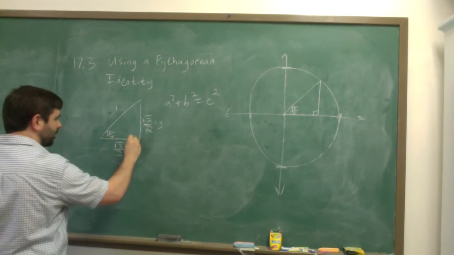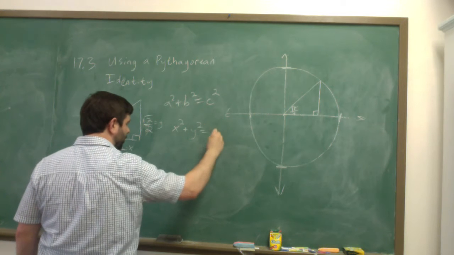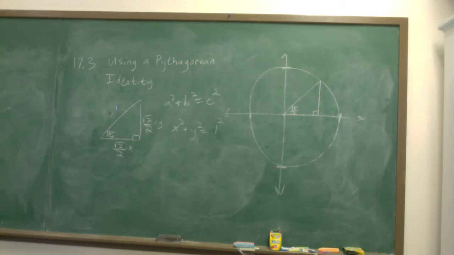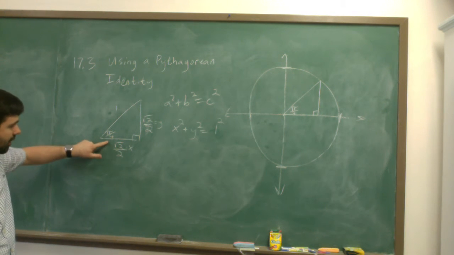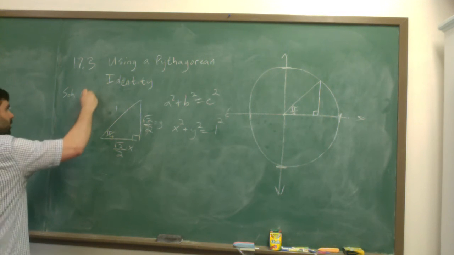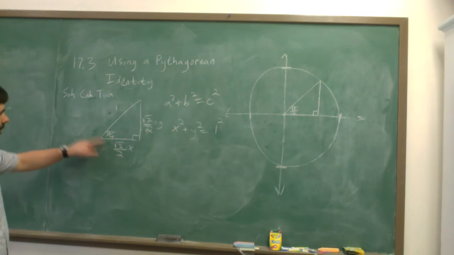Applying it to this triangle, we have x squared plus y squared equals 1 squared. If we think of sine, cosine, tangent, x is the cosine.